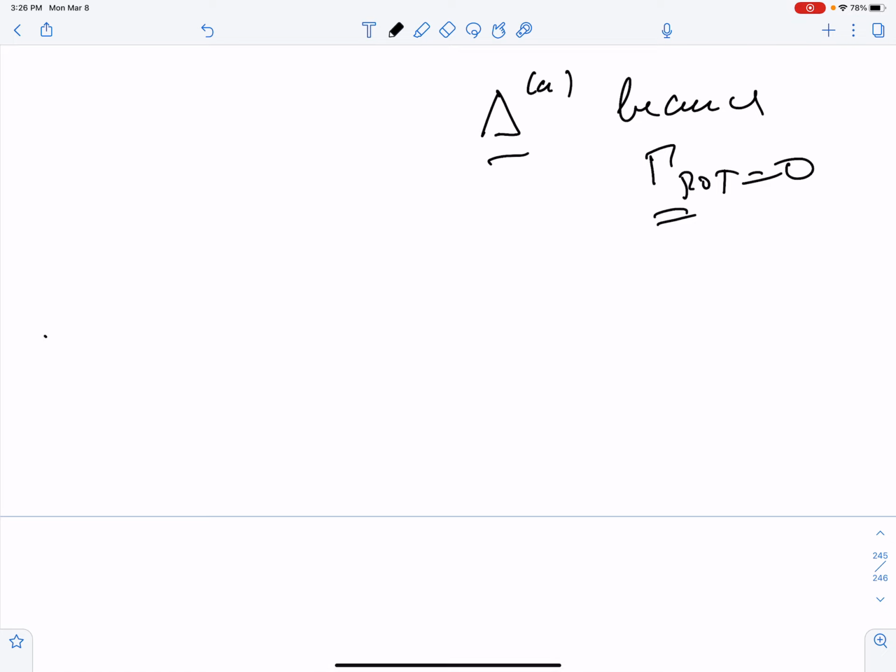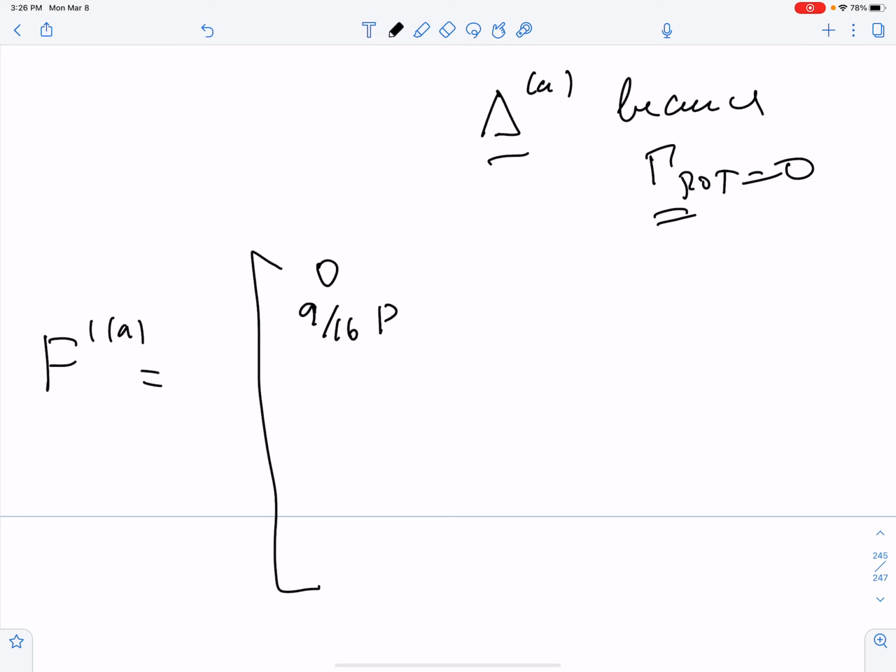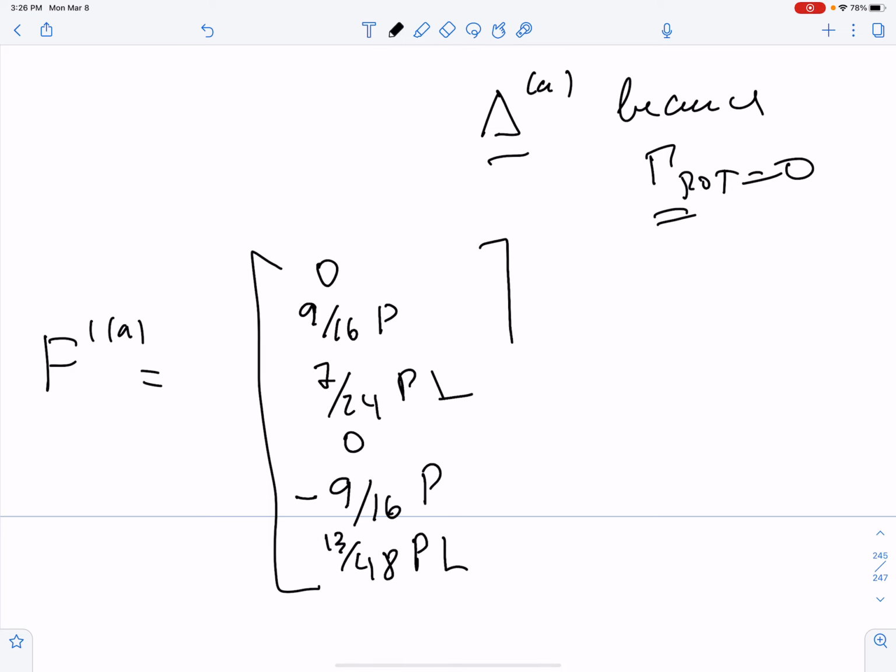So you can actually make a calculation and find that F prime A equals: first slot is 0, second slot is 9/16 P, third slot is 7/24 PL, there's a moment. Fourth slot is 0, fifth slot is minus 9/16 P, and last slot is 13/48 PL.